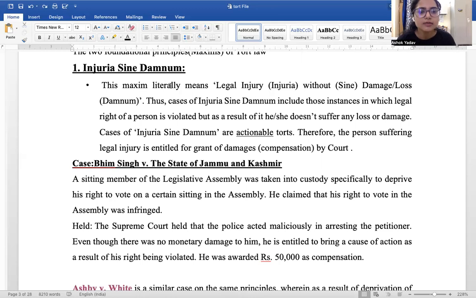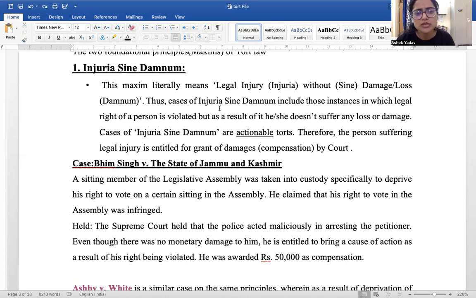This maxim literally means legal injury. When you read the word injuria, it means legal injury. Sine means without, and damnum means damage or loss. So this maxim means legal injury without damage.